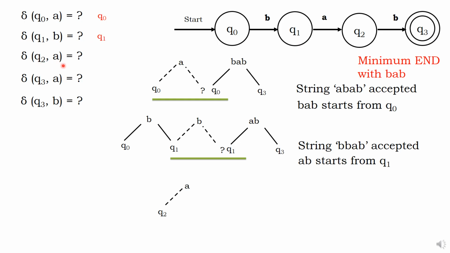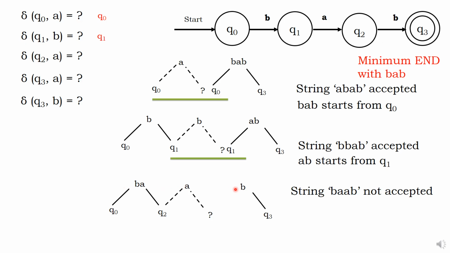Next, Q2, A, what happened? Before Q2, BA. Before that, it should be Q0. After Q2, it is B. After B, it is Q3. Now, let us see the whole string. BAAB, not accepted. Reason, it should end with BAB.